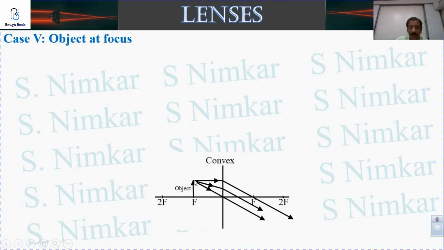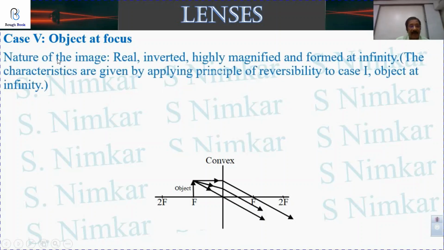So if the object is on the focal plane, the image will be at infinity. So experimentally we cannot verify this, but by applying the principle of reversibility of light, I can give the characteristics of the image as real, inverted, highly magnified and formed at infinity.